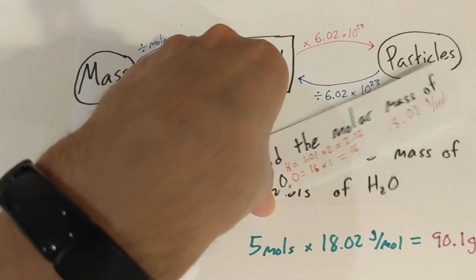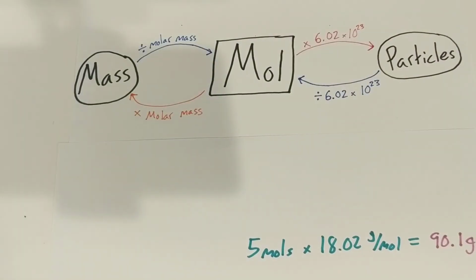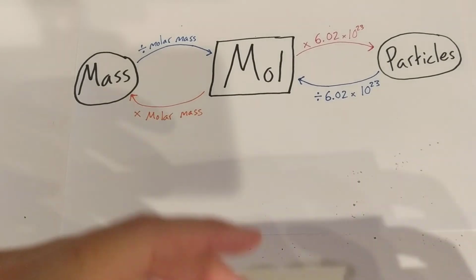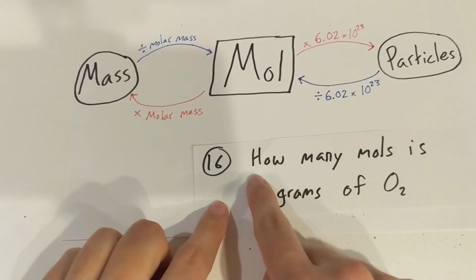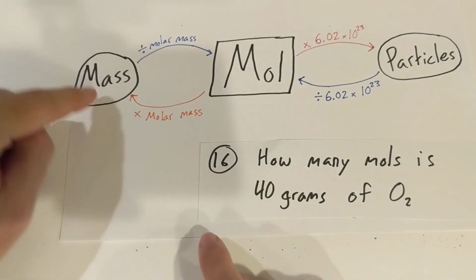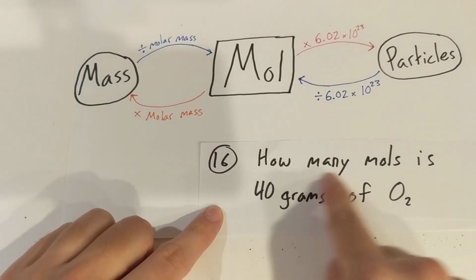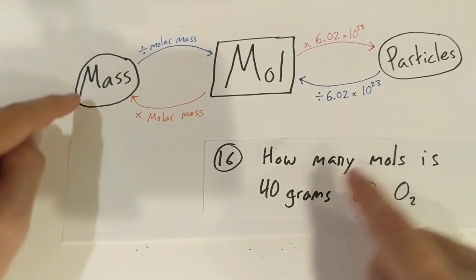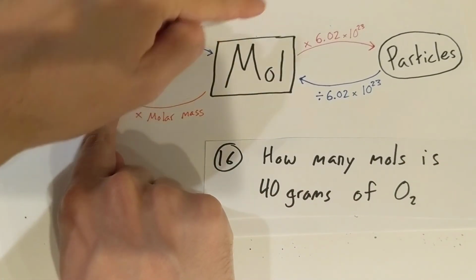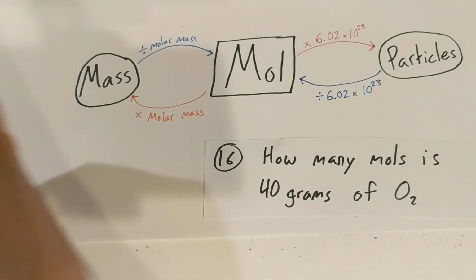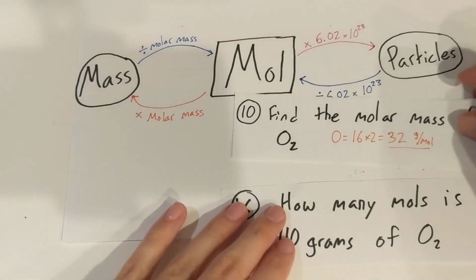All right, let's do one last example problem and we'll call it good for the video. What if I had 40 grams of O2, but I wanted to know how many moles that is? So now I have my mass. I need to figure out my moles. And again, I figured this one out already. We have the molar mass right here.